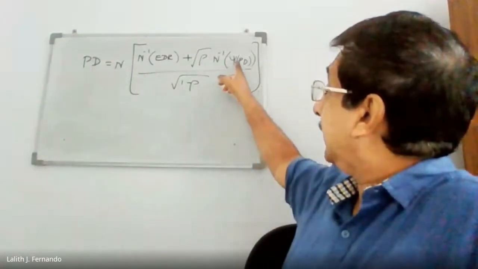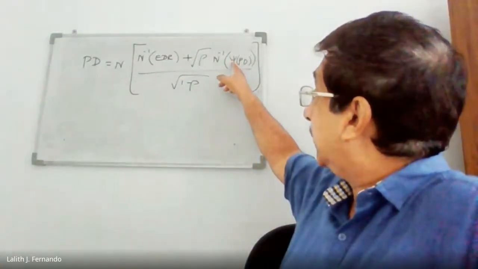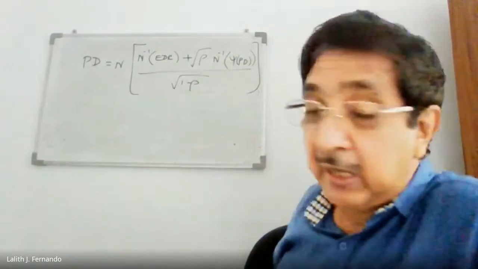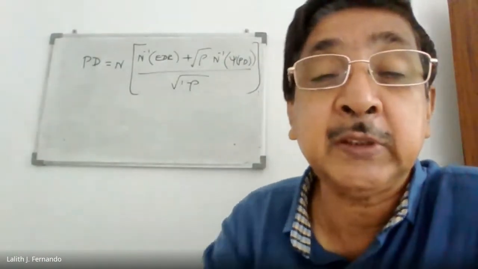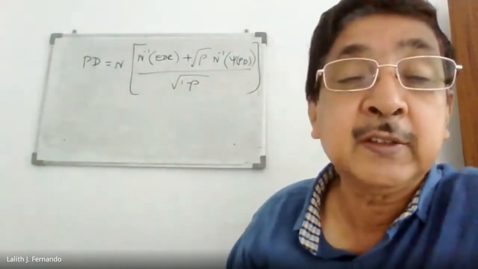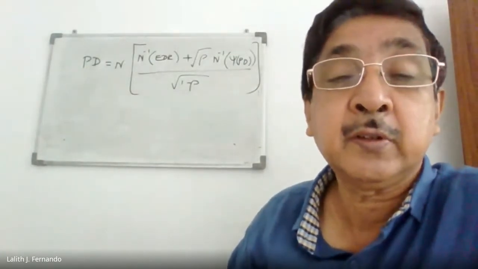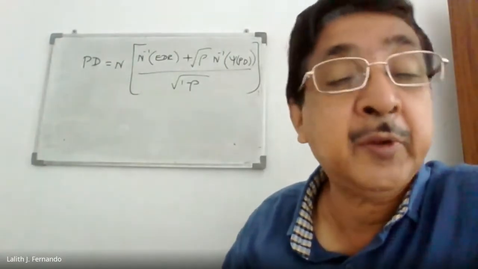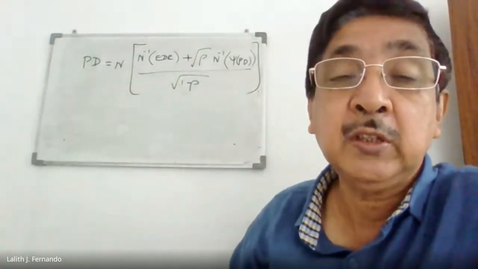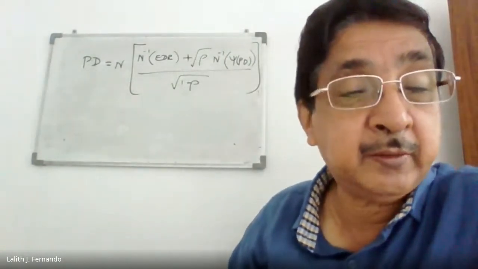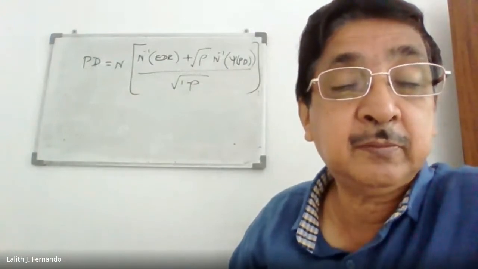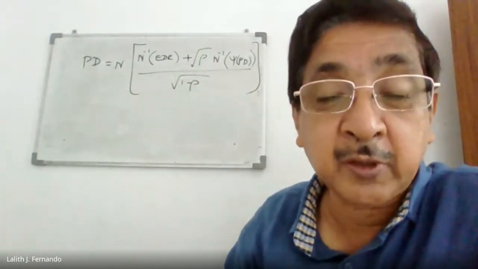Then there's another function, we call it theta. Theta PD is the cumulative probability function of the probability of default. Right. Now we will see how we can use this in a calculation or quantification.